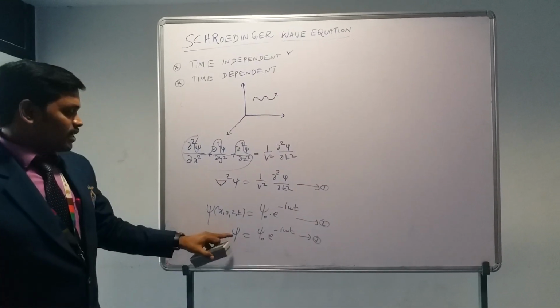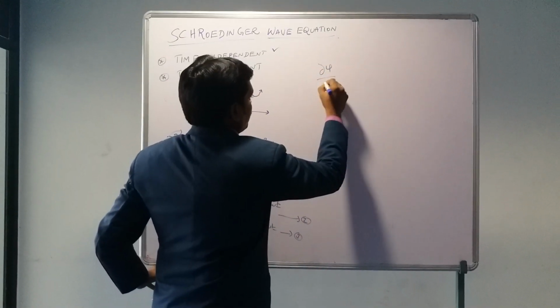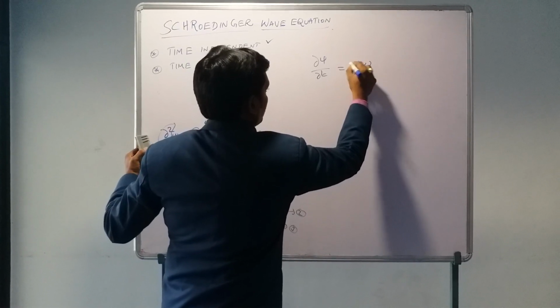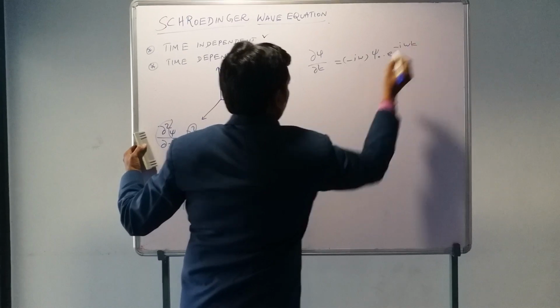Now, differentiating the solution with respect to time, we get dou psi by dou t equal to minus i omega psi naught e power minus i omega t.